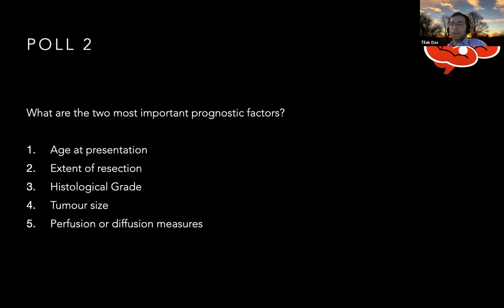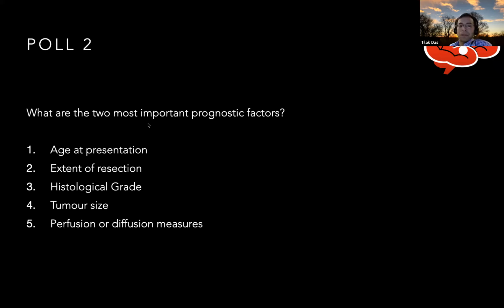Excuse me. So the next polling question is, no images for this one, but the question is, what do you think are the two most important prognostic factors for the natural evolution, or not so natural evolution, of meningiomas?